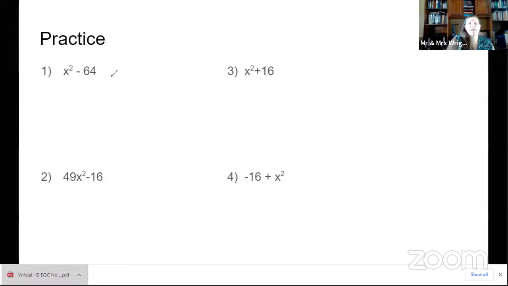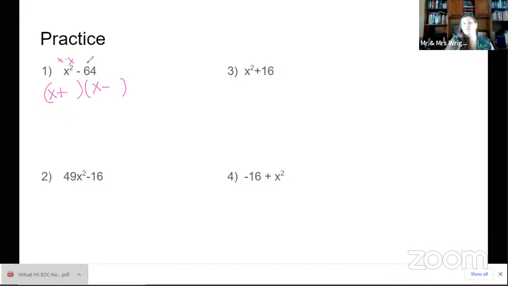We have x squared minus 64. Let's set this up. We know we're going to have 2 parentheses. We know one's going to have a plus and one's going to have a minus. What's the square root of x squared? Well, what times itself gives us x squared? X times x, right? X times x gives us x squared. So we can put x in the first spots of both of those parenthetical terms.